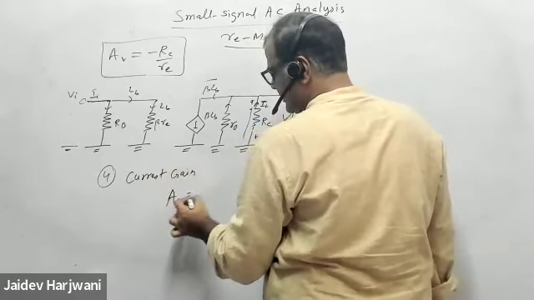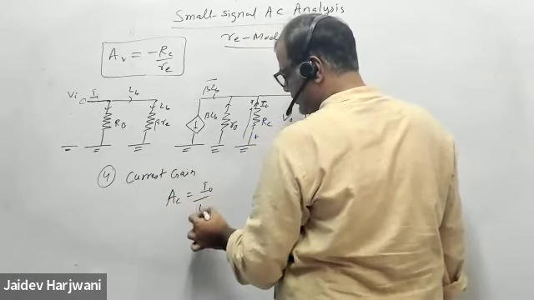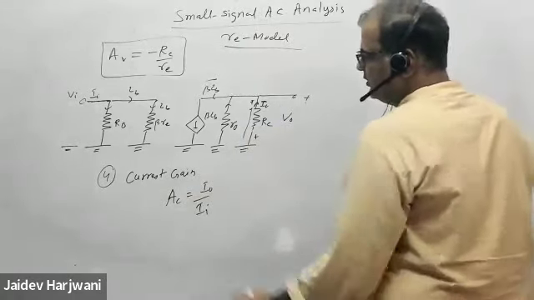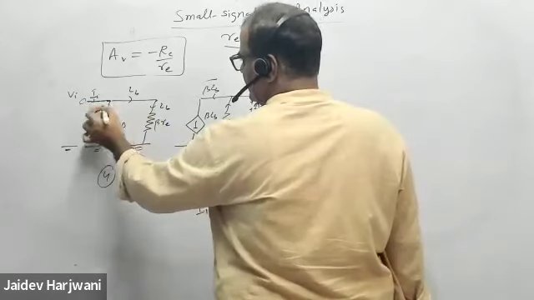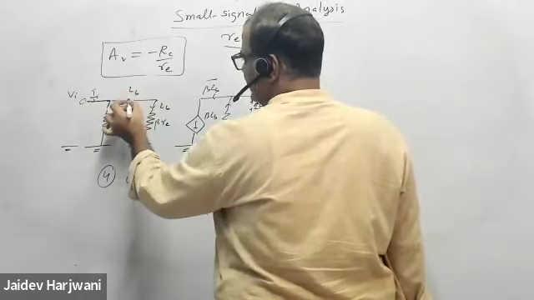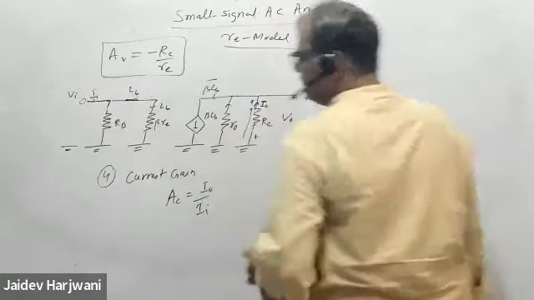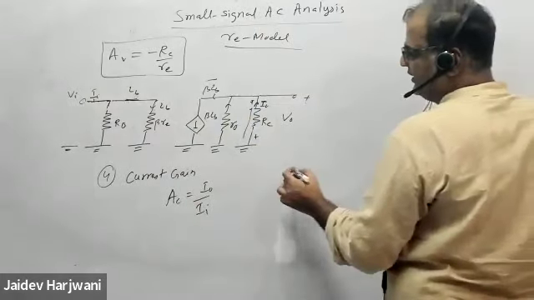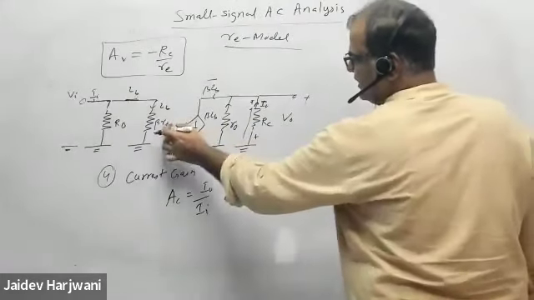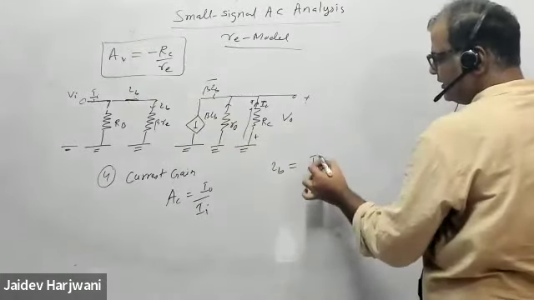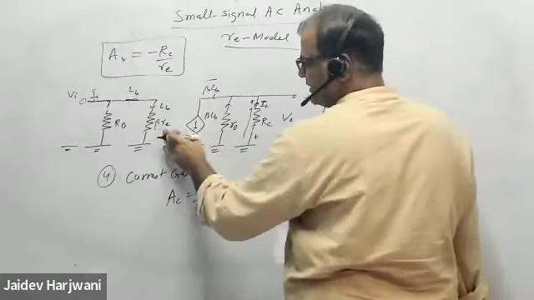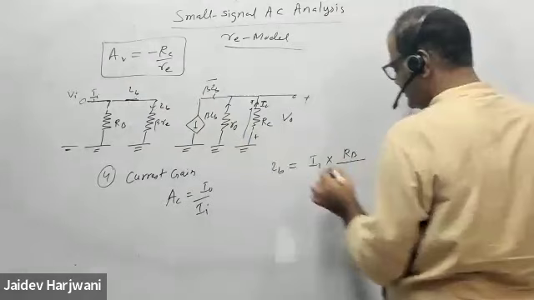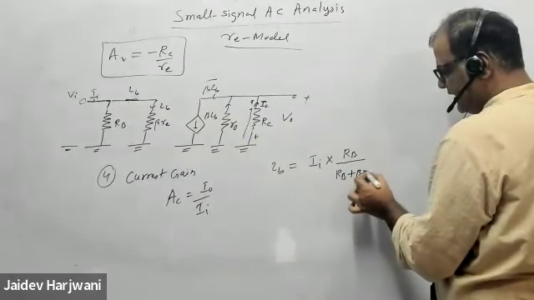Current gain is AC, that is I naught upon I input. Similarly, now you have total current I input, and the current going in this beta RE branch is IB. So by calculation, I can calculate the value of I input. If I want to find IB, the current in this branch, I have the resistance of this one, RB, and the sum of resistances RB plus beta RE.